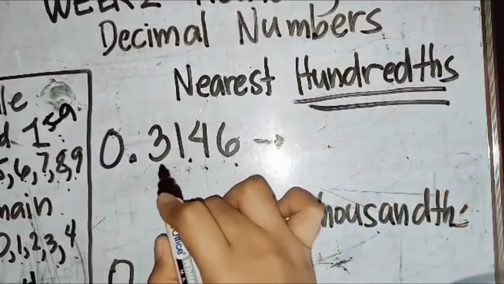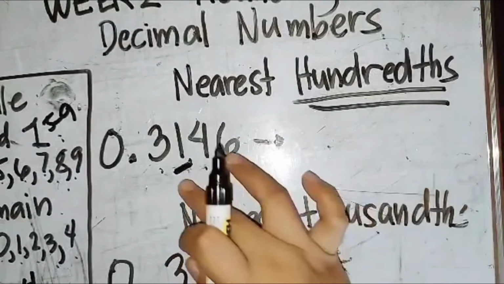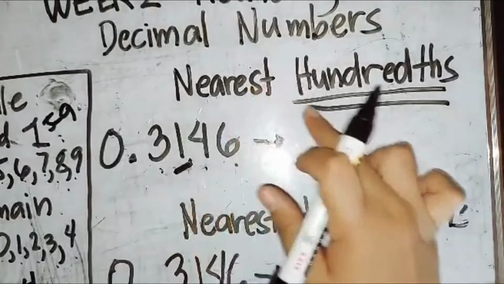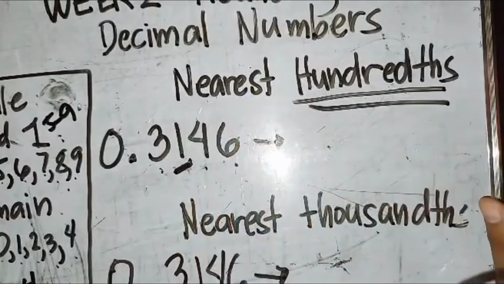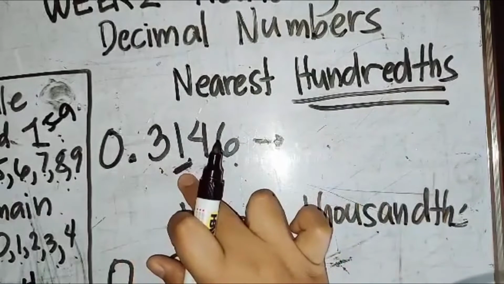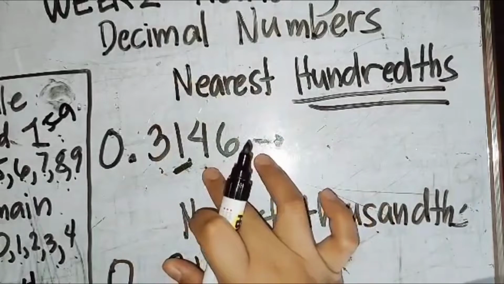So, we have here tenths, hundredths. So, itong 1, yan yung ating rounding place. Ang tawag dito kay 1 ay rounding place kasi yan ang hinahanap, nearest hundredths. Ano bang nasa hundredths? Yung number 1. Kasunod, titingnan nyo dun sa kasunod niya or sa kanan niya.